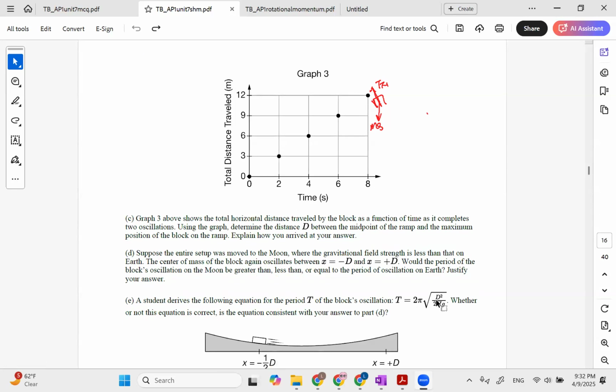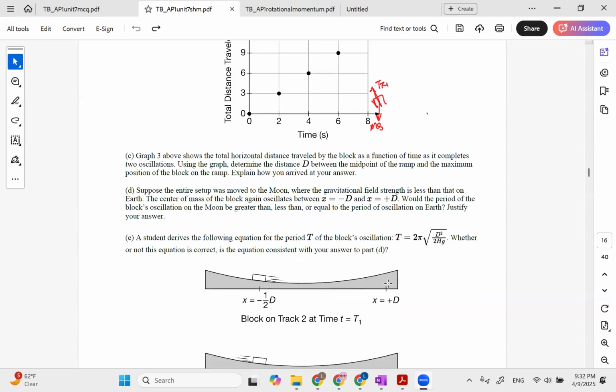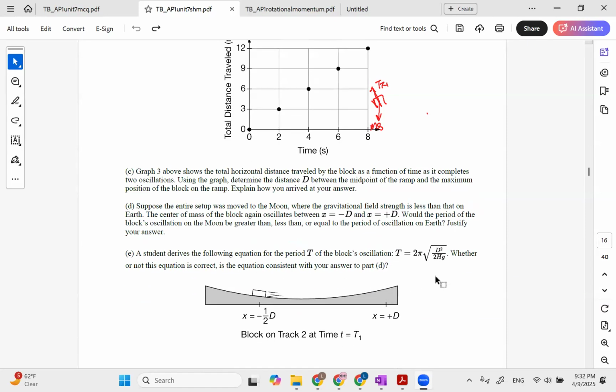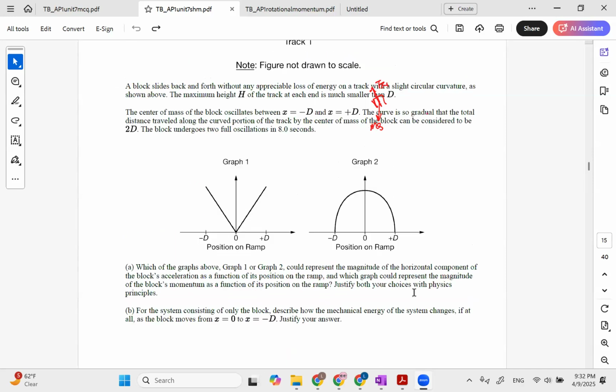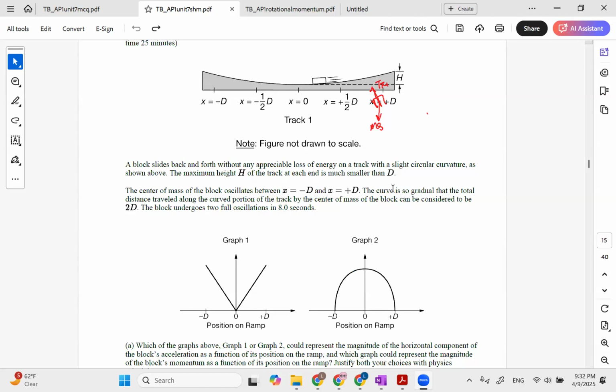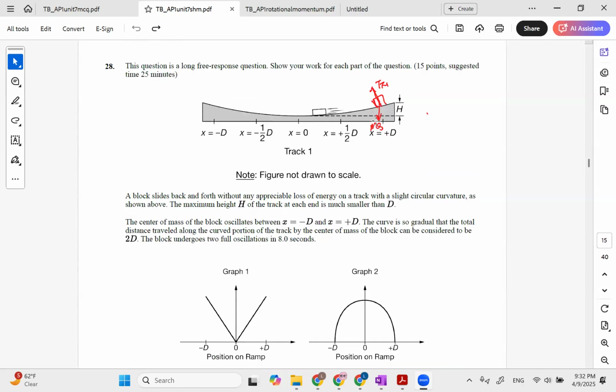But yeah, sometimes if you get confused, you continue to read through the question. This equation gives you an idea how to solve this problem. But what happens if it didn't give you the equation? That's why you have to analyze what force is giving you this restoring force.